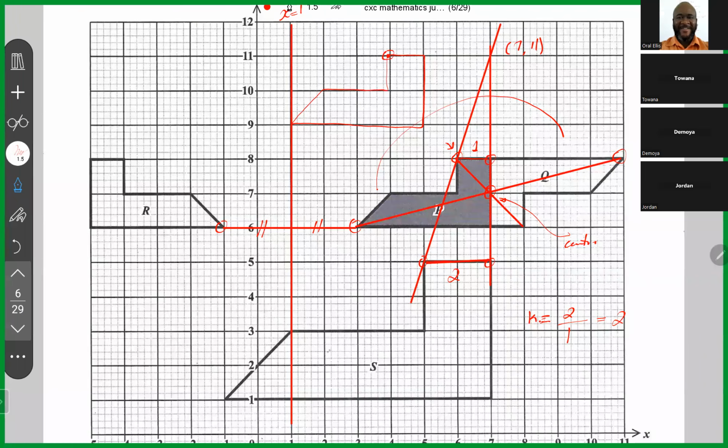So let's see if this will recognize the shape. All right, if it doesn't, I'm going to draw it in pieces. Let's draw the first half.